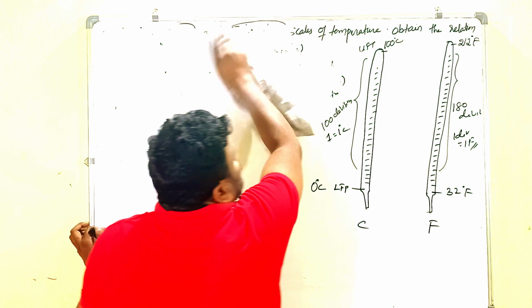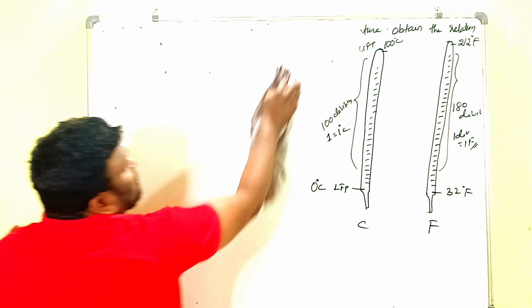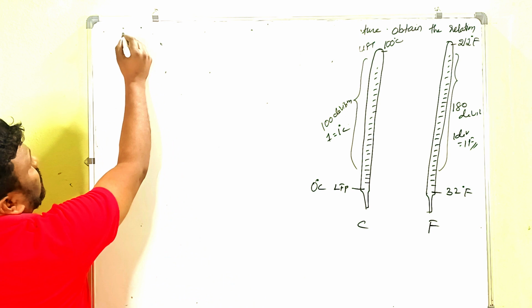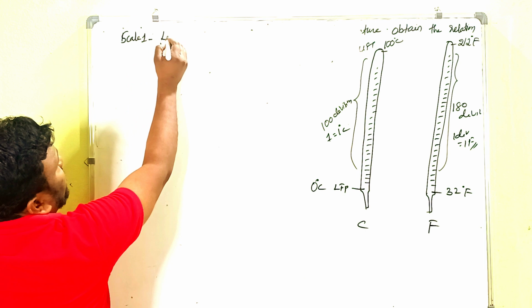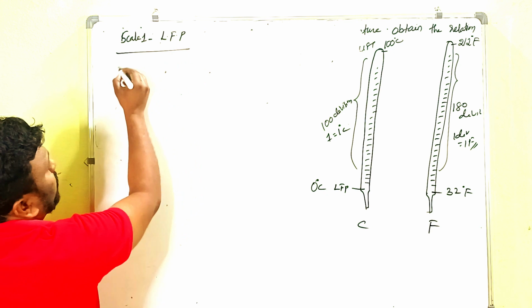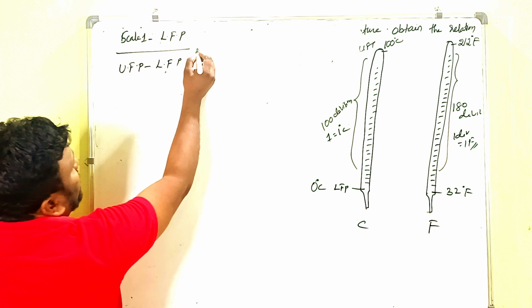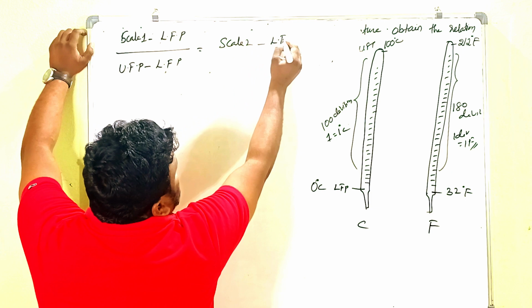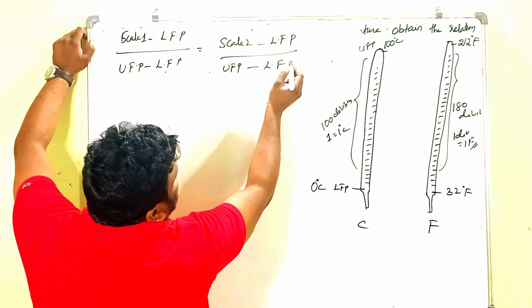To convert temperatures from one scale to another, there is one general formula: (scale 1 minus LFP) by (UFP minus LFP) is equal to (scale 2 minus lower fixed point) by (upper fixed point minus lower fixed point).